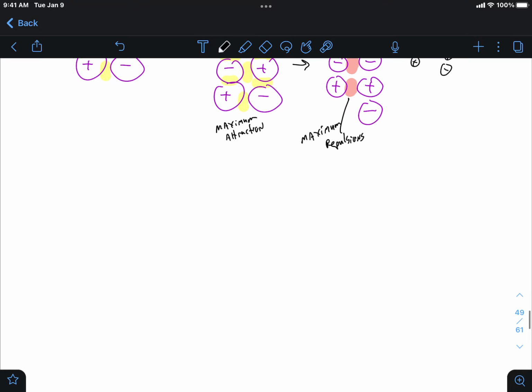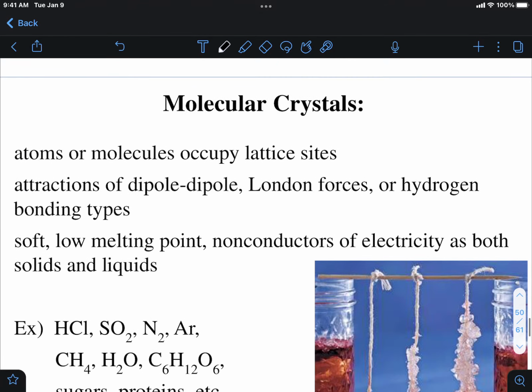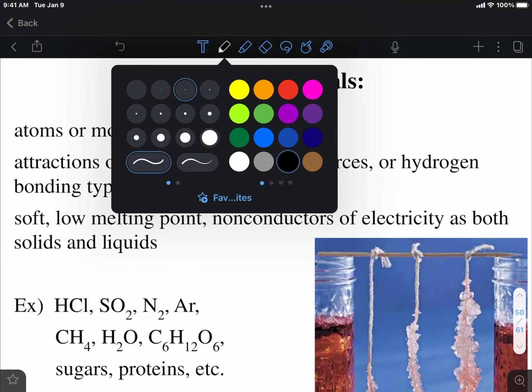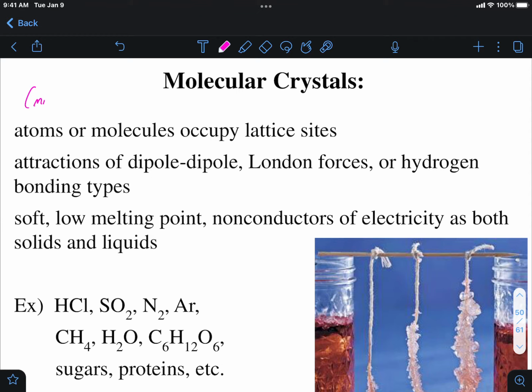Okay. So let's now talk about the second type of solid, molecular crystals. Remember when we say the word molecular, well, molecular means made up of molecules. And if it's made up of molecules, that means it must be all covalently bonded. Right?